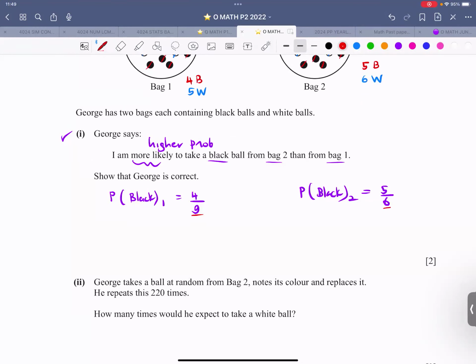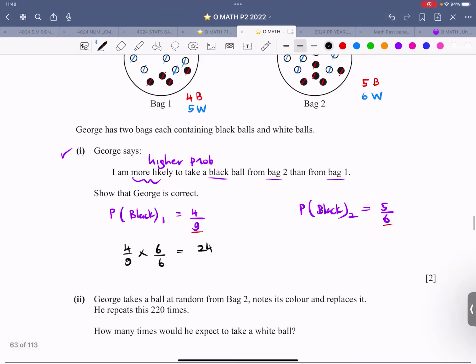So 9 and 6. Let's multiply 4 over 9. So let me take 4 over 9, multiply and divide by 6 over 6. That's multiplication by 1. 4 6s are 24. And 9 6s, that is, oh my goodness. Hold on for a second.